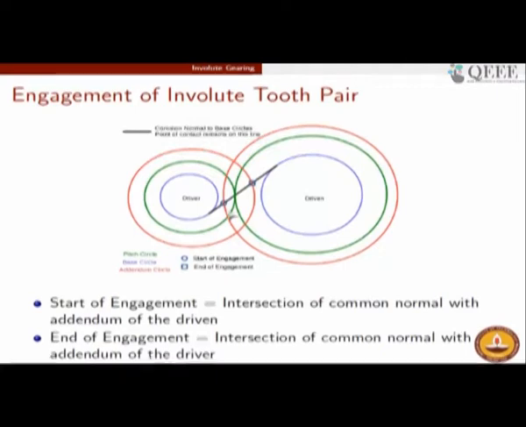Please recall, in our last discussion, the start of engagement is where the common normal at the point of contact, which turns out to be the common tangent between the two base circles, intersects the addendum of the driven gear, as shown in this red circle.